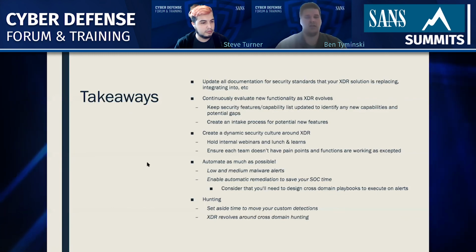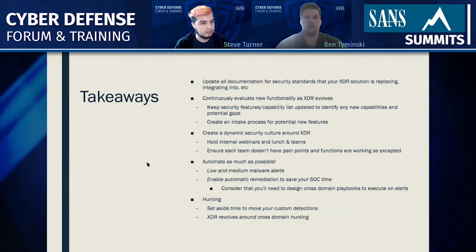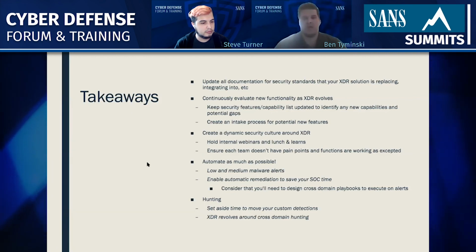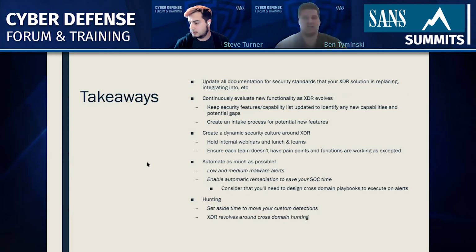One of those things that you can make an adjustment to is automating as much as possible. I know that sounds generic and like an easier-said-than-done kind of deal. But if you automate as much as you possibly can, the CSOC and the investigations teams will have more time to investigate the higher alerts that are more important to their organization, instead of manually closing out things that could be false positives or low level alerts that really don't pose a threat to an environment.